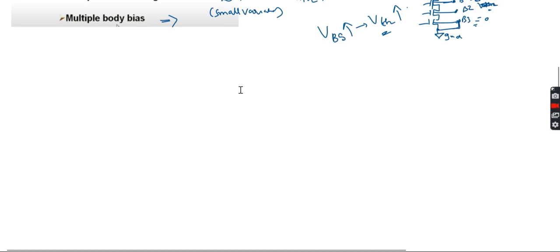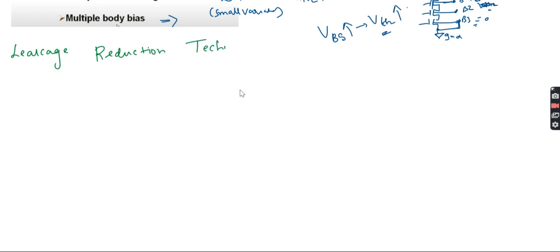Now, next we are going to study the leakage power or leakage reduction techniques. All the leakage reduction techniques are classified into two categories. The first one, as I mentioned earlier, is standby leakage reduction.